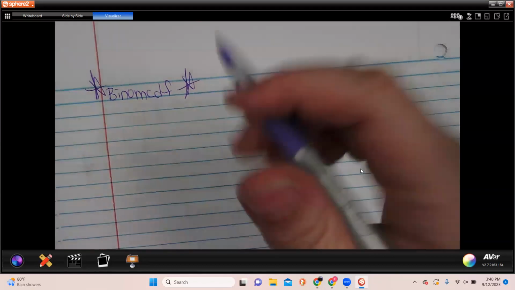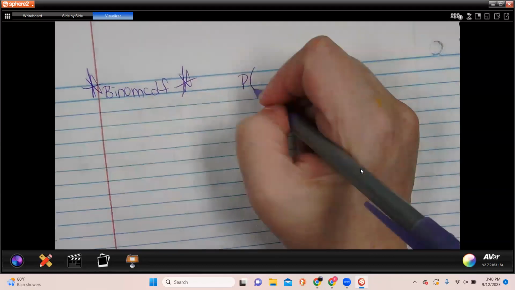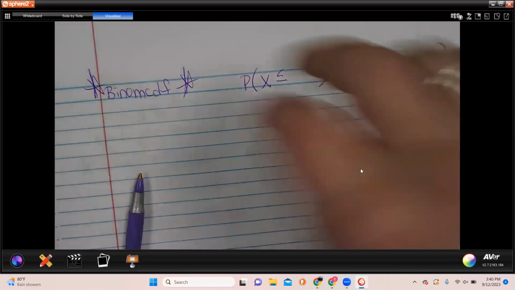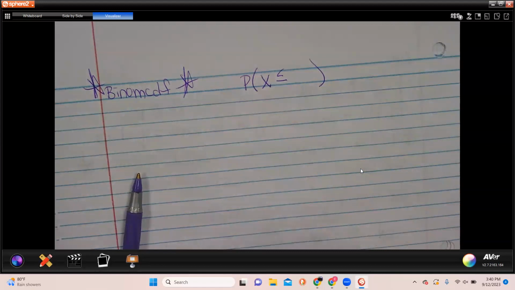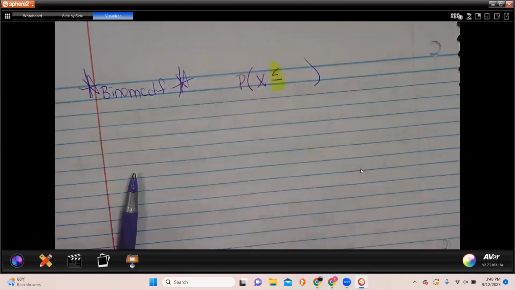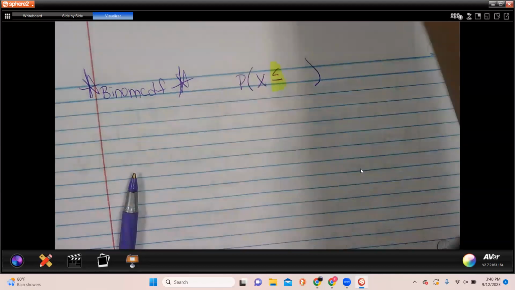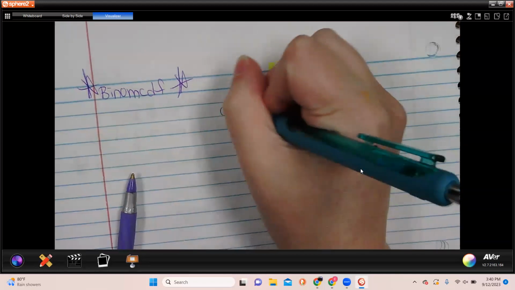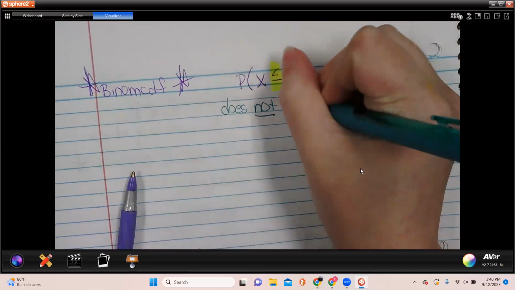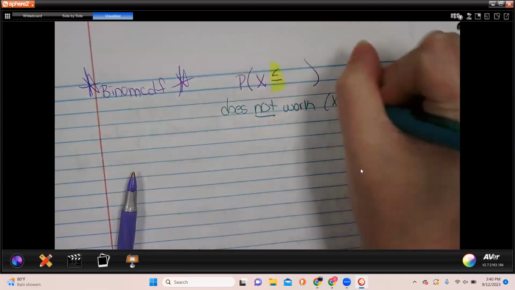Okay, it is definitely still about cumulative, but the problem is this only works for the probability of X less than or equal to. Okay, it will not work for the less than situation.